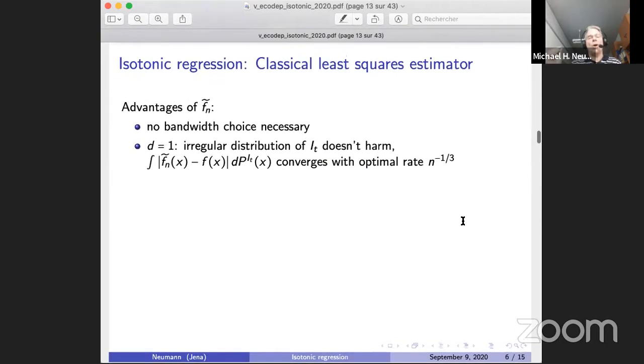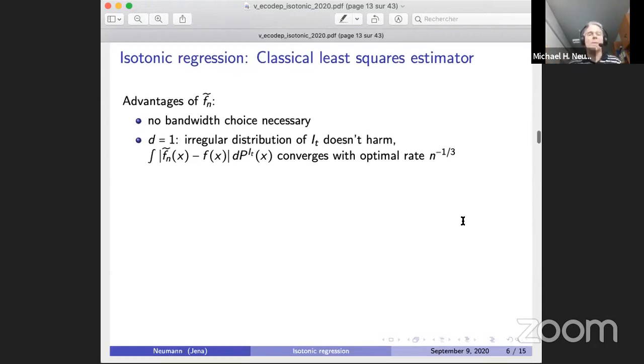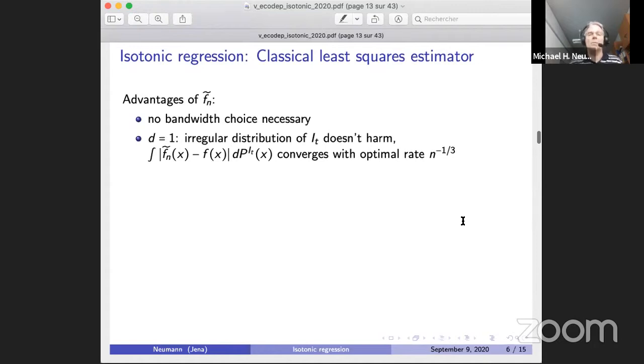So one obvious advantage of this estimator is that no bandwidth choice is necessary. This is obvious, and in particular, in the context of time series data, the appropriate choice of a bandwidth is quite often cumbersome, and therefore I think this is a real advantage.